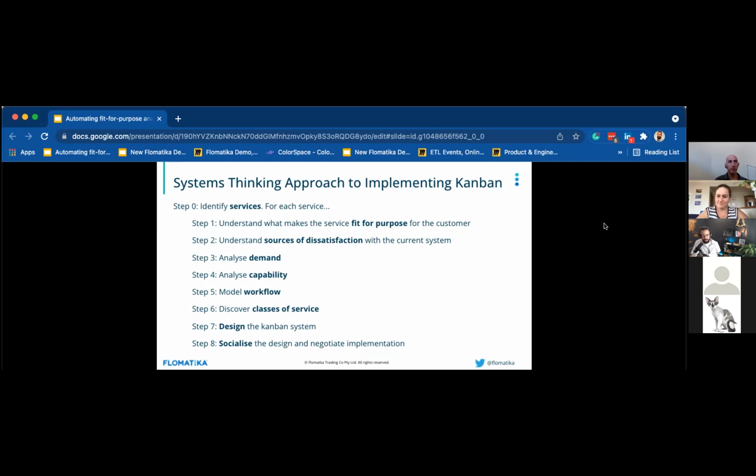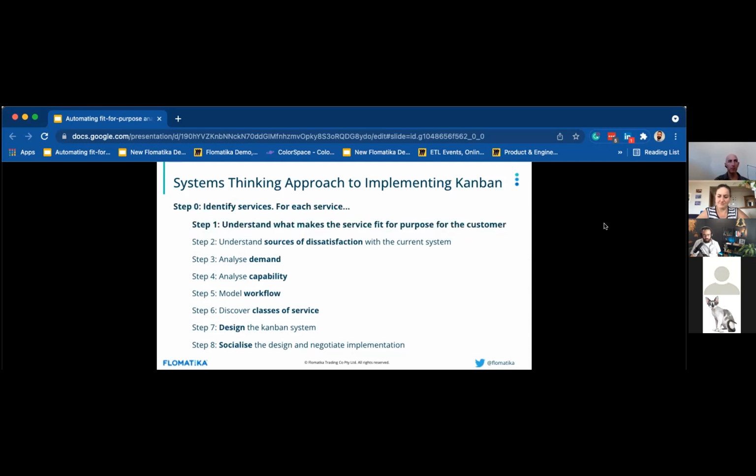But today, I want to focus on two steps mainly. The first one is identifying services. I want to talk more about that. During this presentation, I will be using the terminology services and value streams interchangeably. So when I say value stream, feel free to hear services if that sounds more familiar or more comfortable to you.